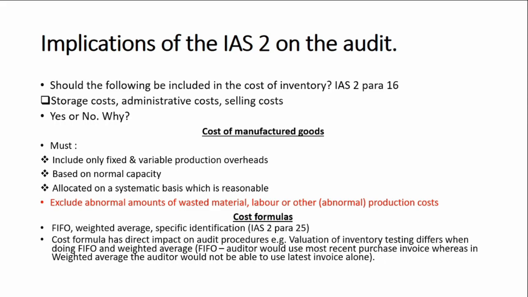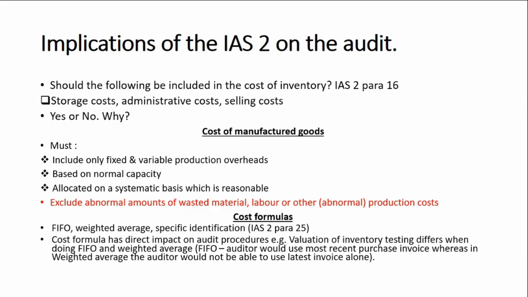Therefore, we want to look at things like FIFO and weighted average versus specific identification. And I should also add here that companies are often moving away from FIFO and weighted average, and they're becoming more and more used to using specific identification, even for multiple homogeneous types of goods.